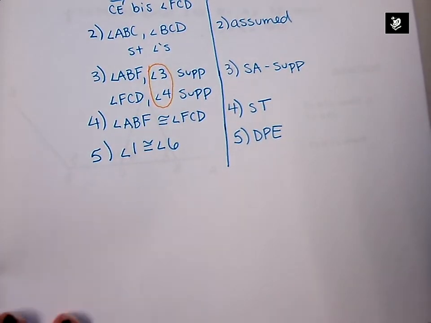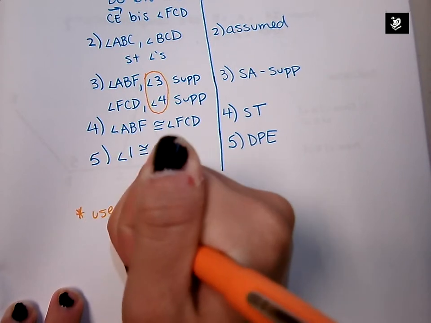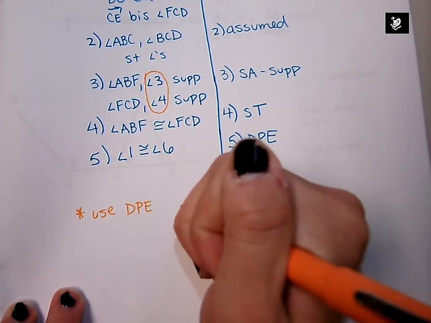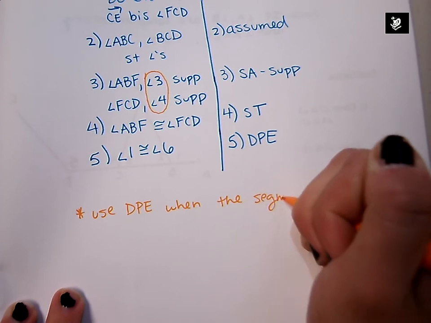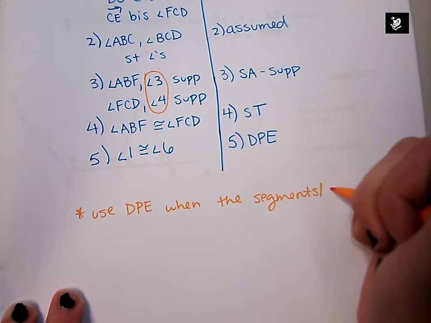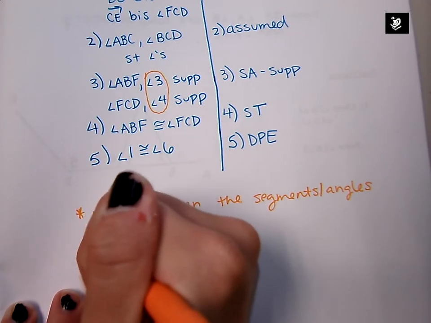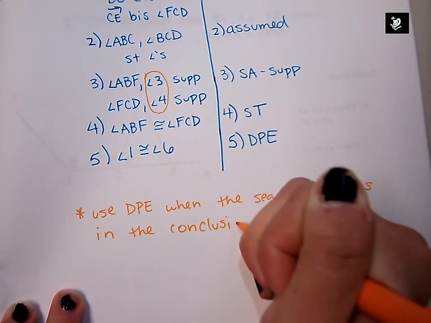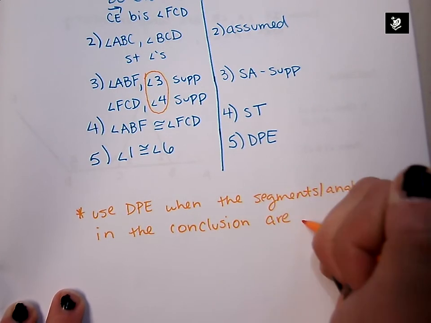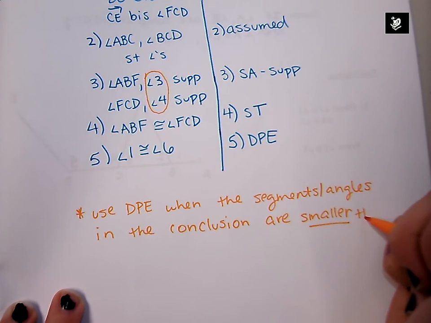So let's make a little note at the bottom, just like we did in the other one. We are going to use DPE when the segments or the angles, in this case we did an angle problem, but it works with segments as well, in the conclusion are smaller than those in the given.